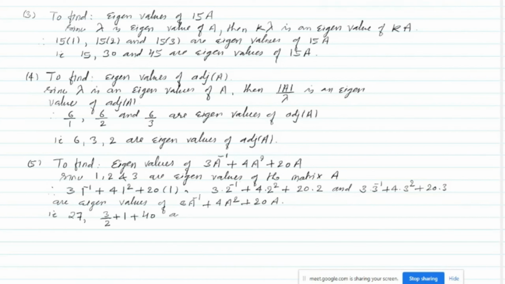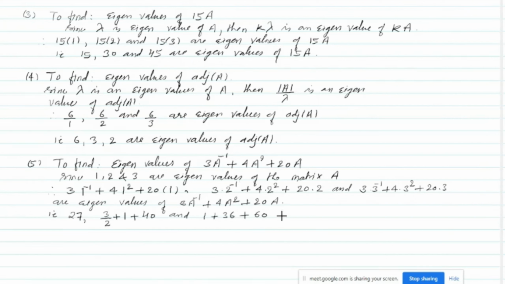For the third, 3 and 3 cancel, that is 1, plus 3 times 3 is 9, into 4 is 36, plus 3 times 20 is 60.